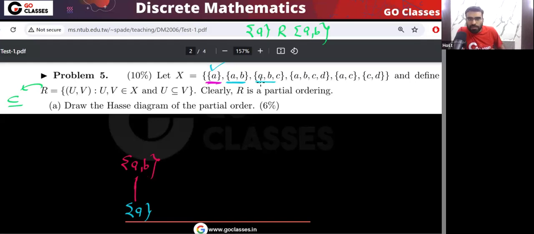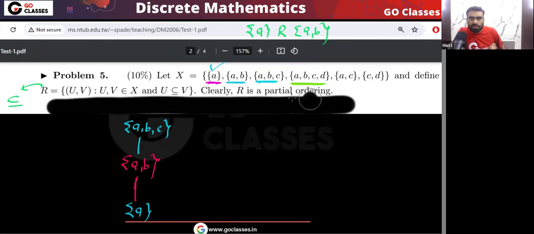What about ABC? Where to put ABC? Yes, AB is related to ABC. What about ABCD? Yes, ABC is a subset of ABCD.